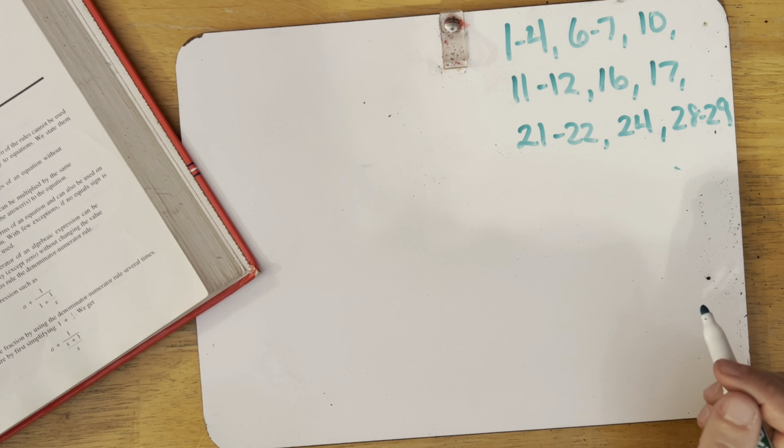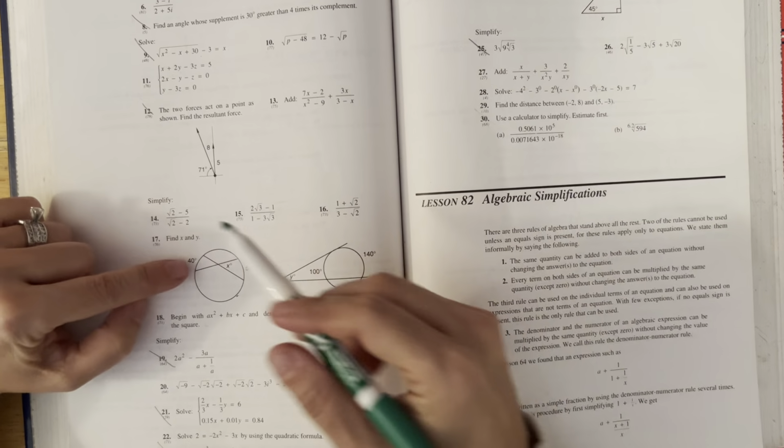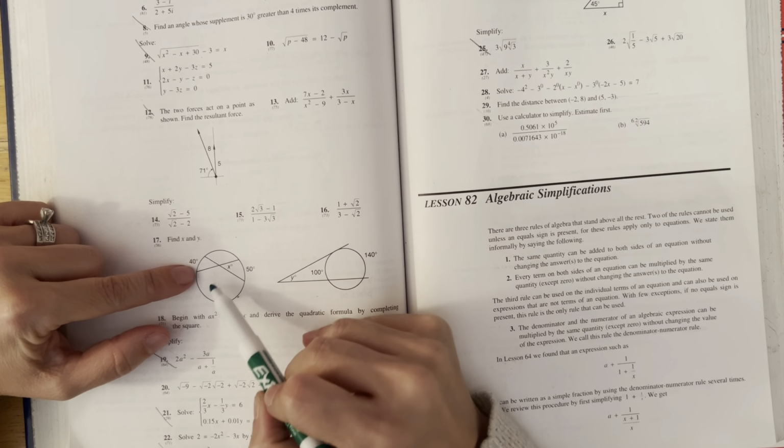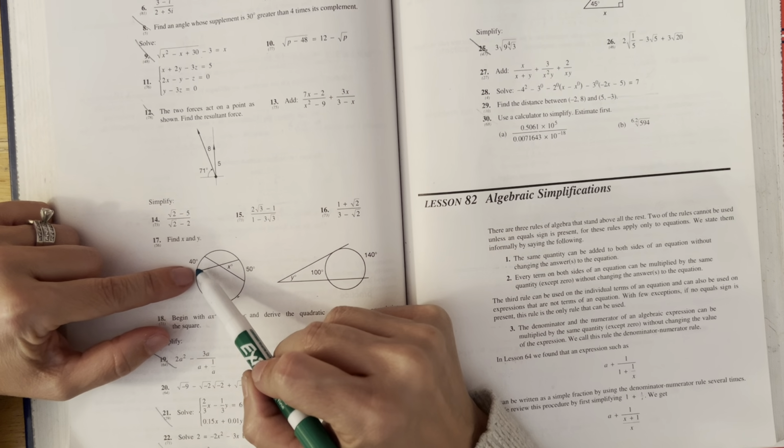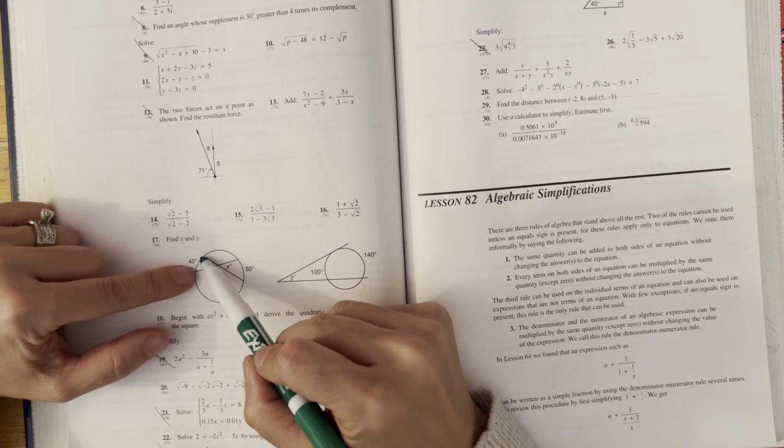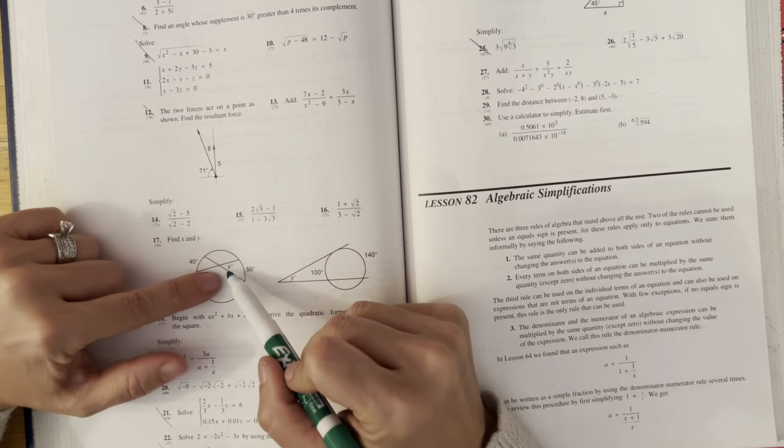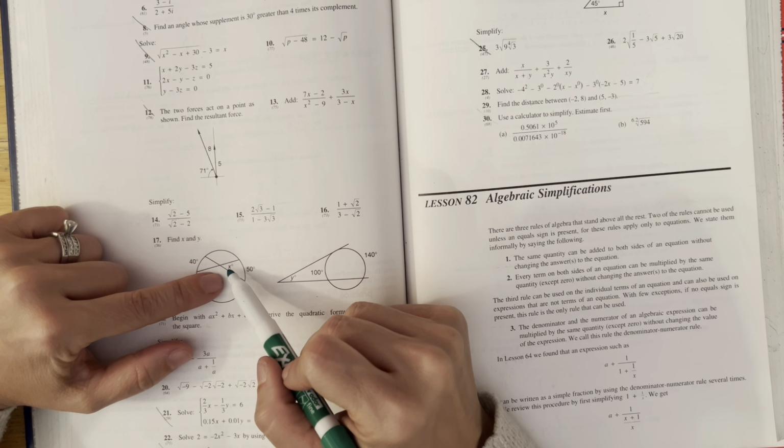16. All right, 17. In order to solve for x, you are going to take this arc plus this arc divided by 2 gives you x.